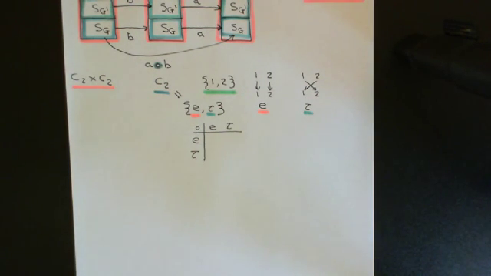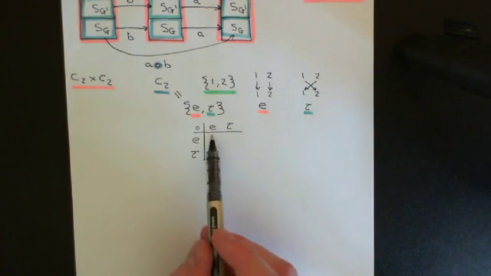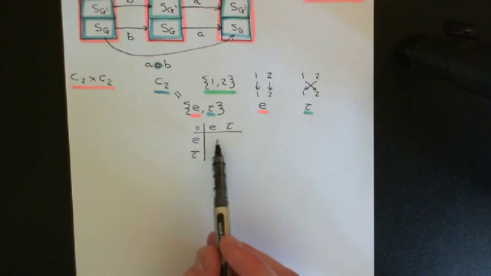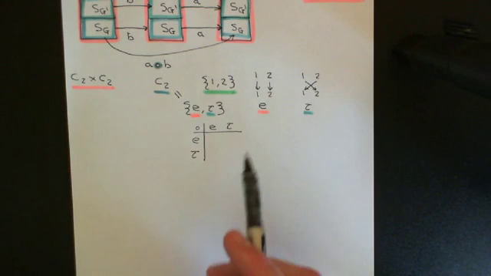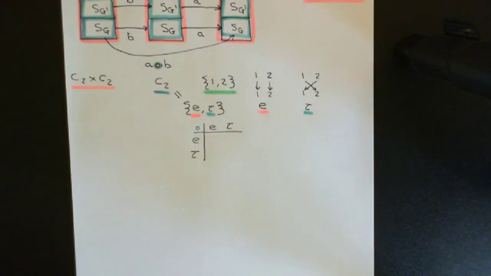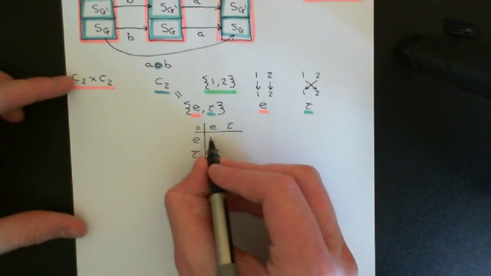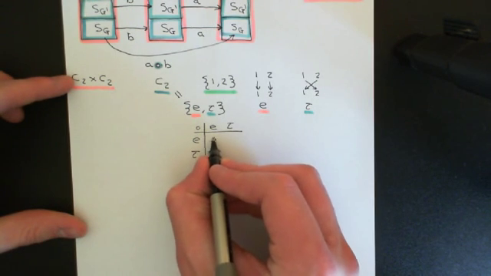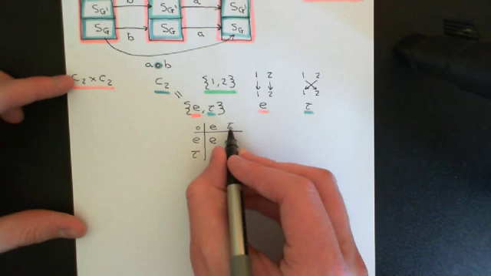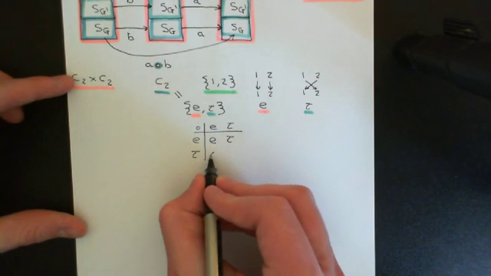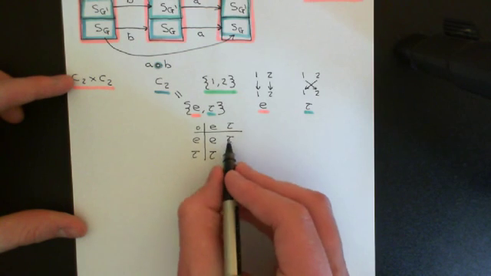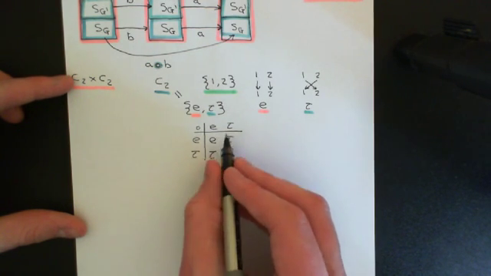Firstly, we can do this column and this row very easily, because whenever you compose the identity set permutation with another set permutation on either side, it always just gives that other set permutation back again. So the identity composed with identity is just going to equal the identity, the identity composed with tau is just going to give tau, tau composed with identity is just going to give tau, and then the final non-trivial one is tau composed with tau.